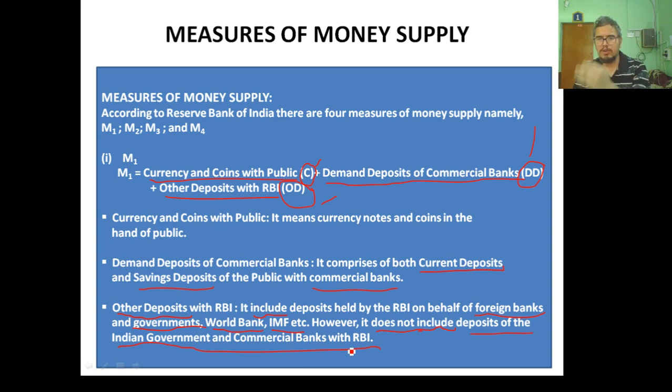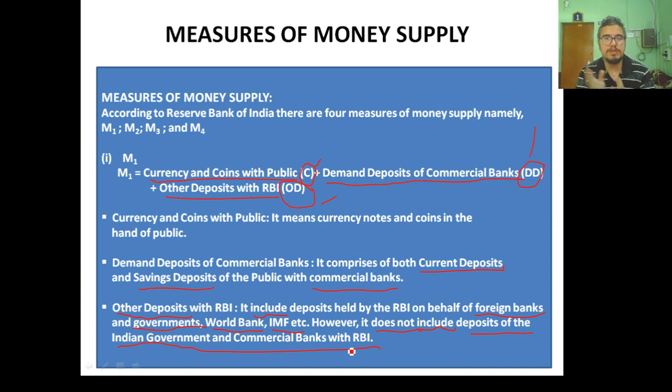And currency and coins with public simply means currency notes and coins which are held by the public. Demand deposits of commercial banks comprise savings account deposits and current account deposits of the public with commercial banks.